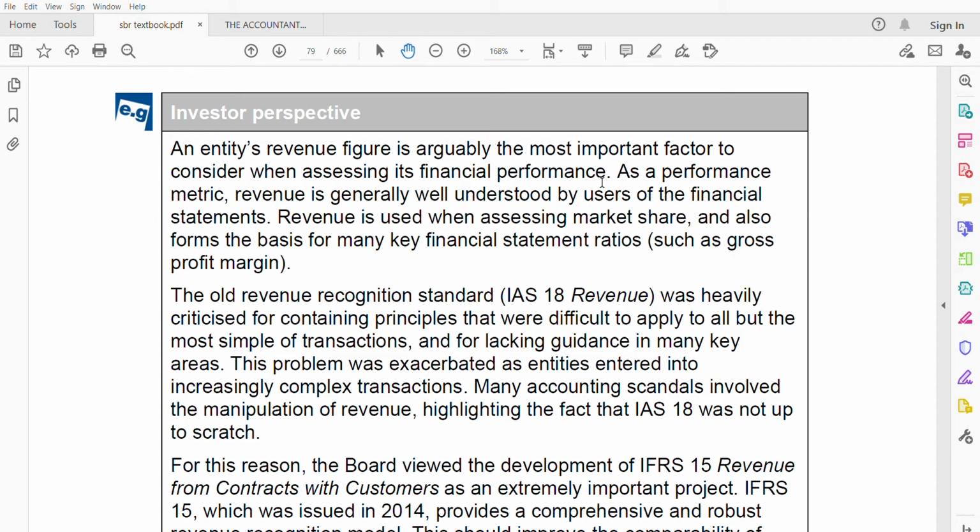It happens. That's why there's a separate standard on revenue recognition, when to recognize and how to recognize. Because revenue is one of the important factors, you can say, of financial performance. So as a performance metric, revenue is understood by users of financial statements. Revenue is used when assessing market share and also forms the base of many key financial statement ratios, such as gross profit margin, which is based on that revenue.